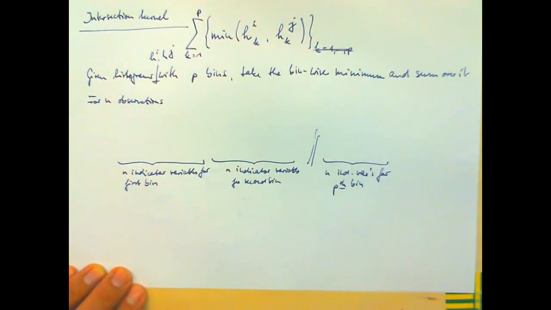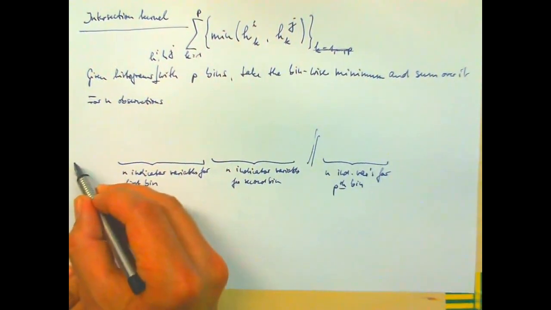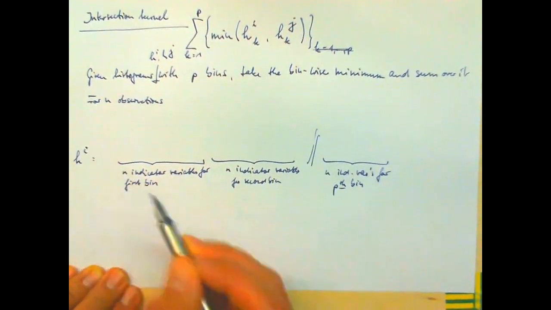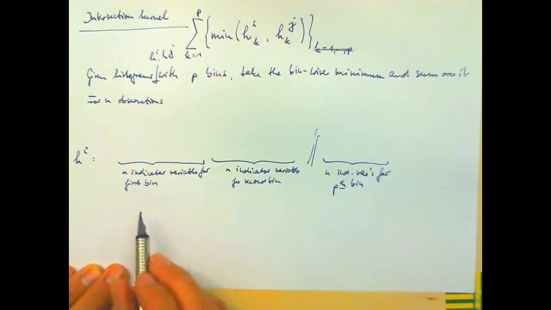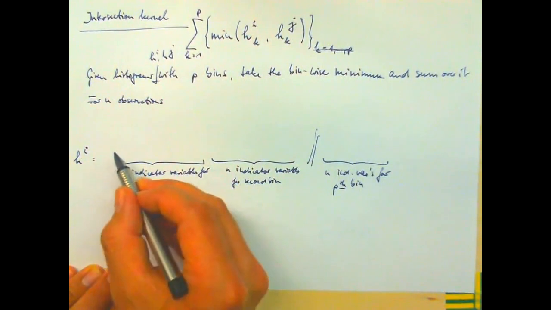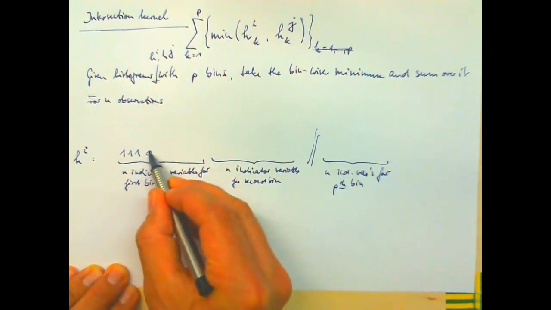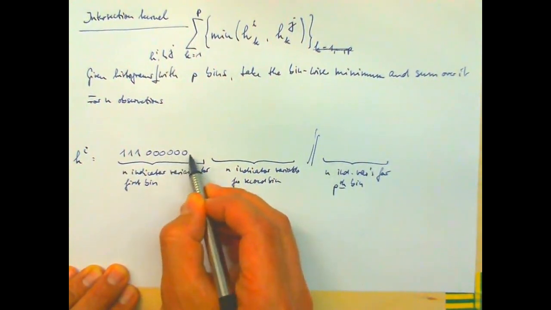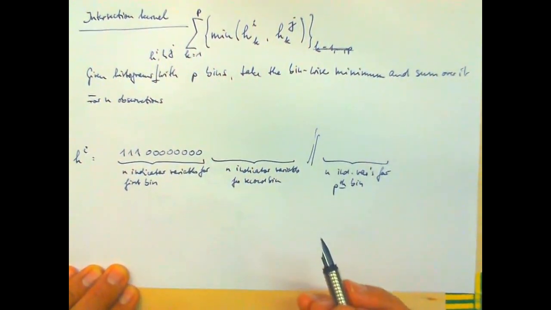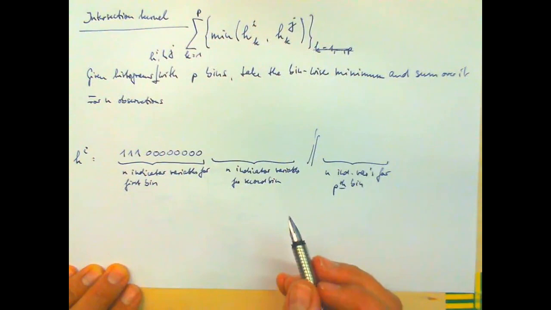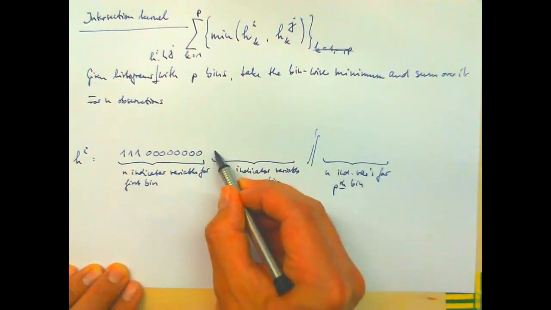For my first histogram, for histogram I, let's say for example that I had a count of 3 in my first bin. Then I would put 3 ones and then fill the rest with zeros. And let's say that in the second bin perhaps I had just a single count.